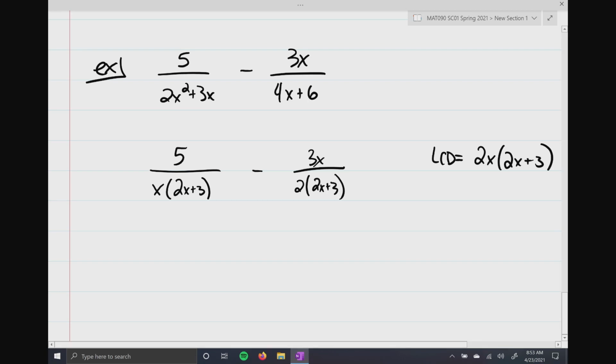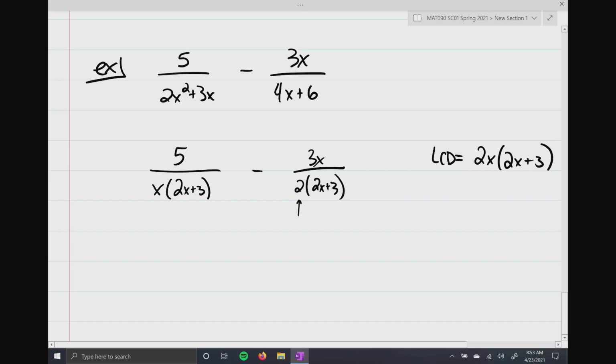The x only appears in the first fraction once. The 2 only appears once. Remember, it's the factored form, okay? So the 2 only appears once, and that 2x plus 3, although it appears in both denominators, it's only repeated once in each. So right here is going to be my LCD, okay?